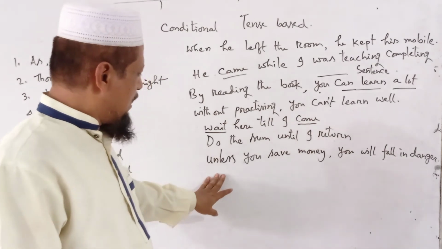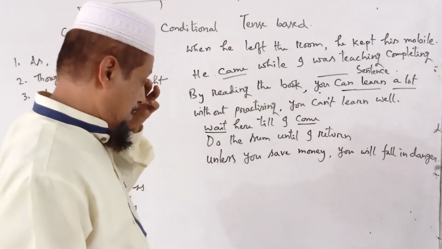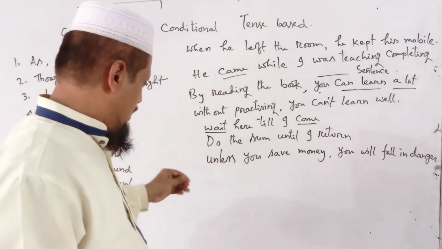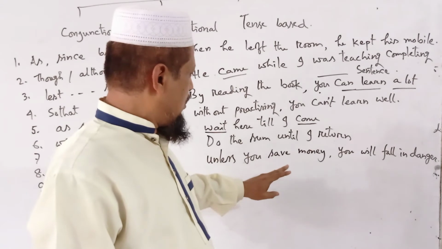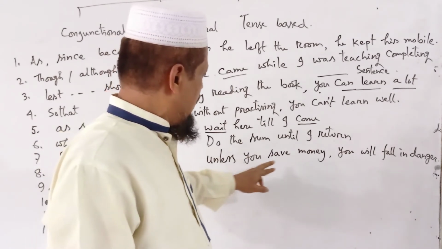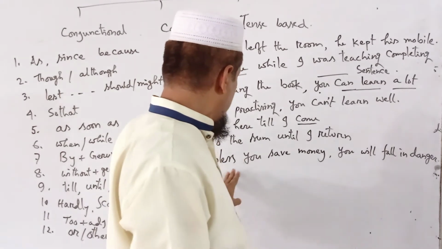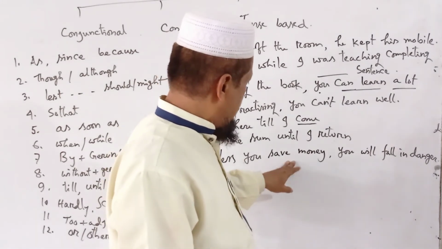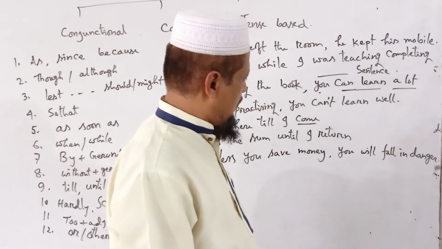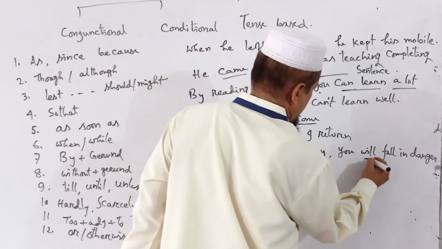Unless, if the sentence is connected with unless, it indicates negative meaning. That means an unless sentence never uses negative meaning in the other clause, so you should not use another negative here. Unless you save money, you will fail in danger. Here I didn't write won't.